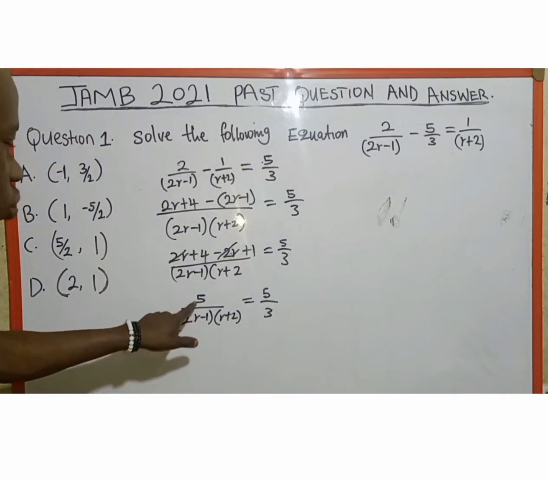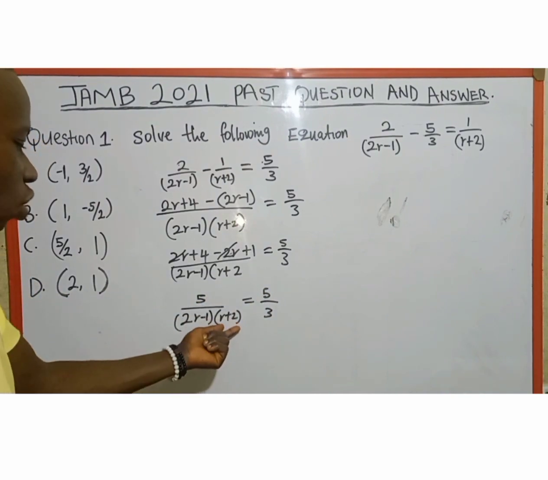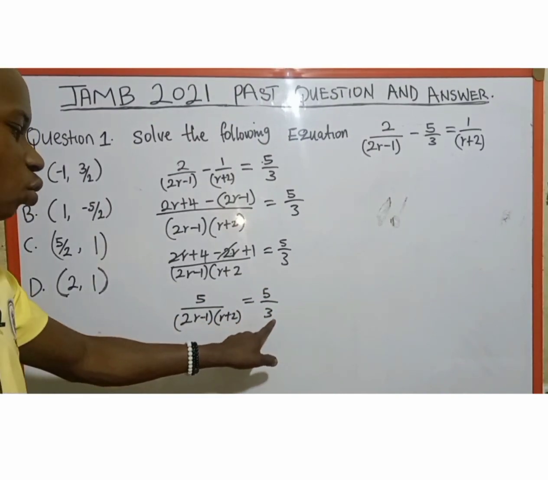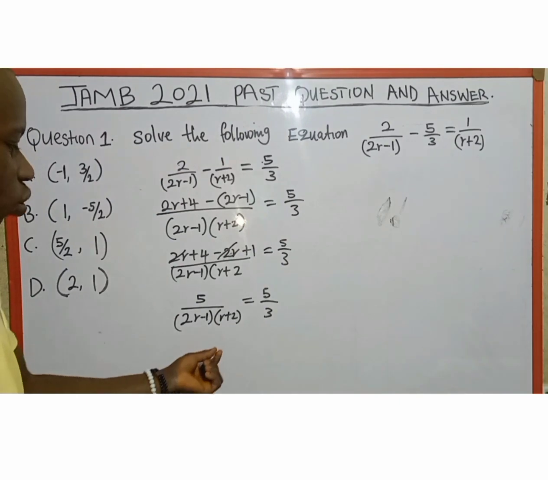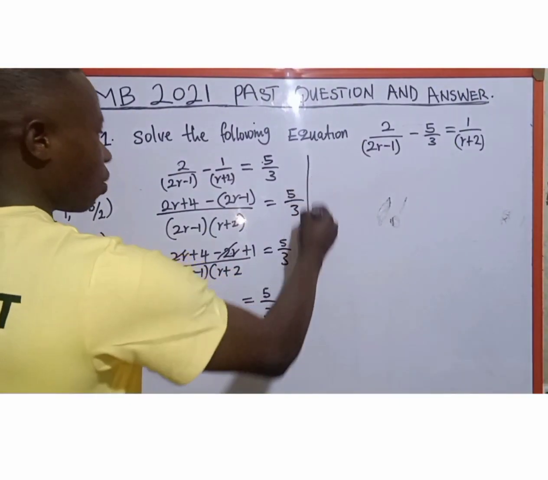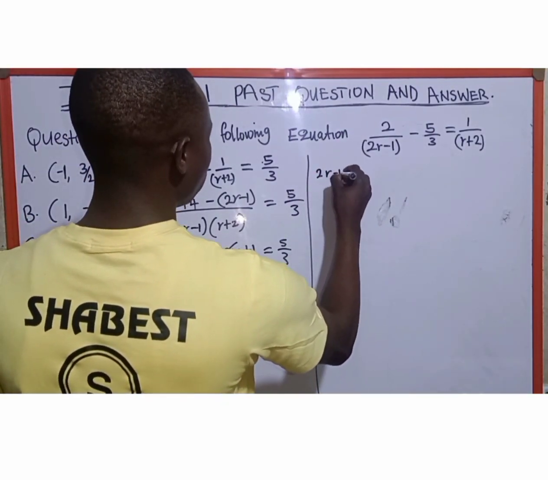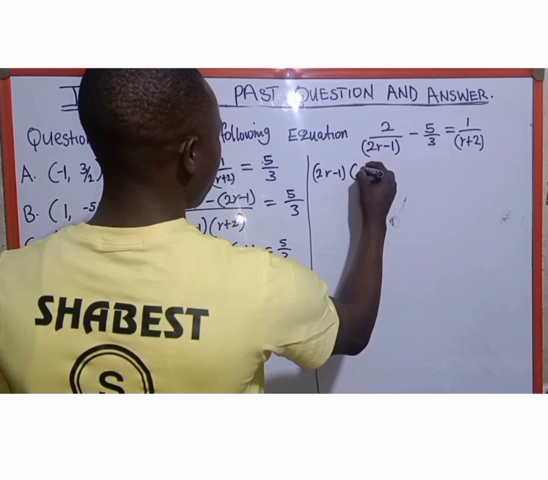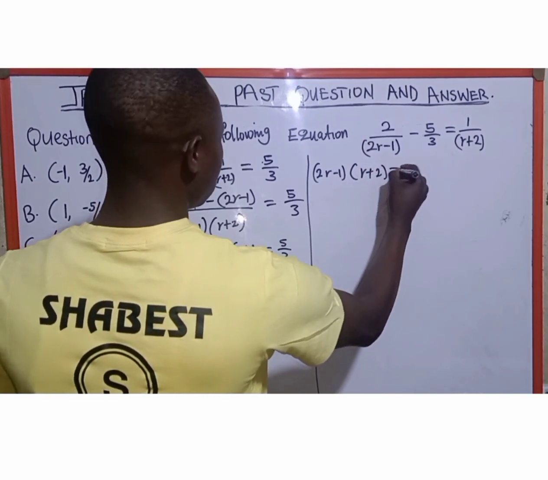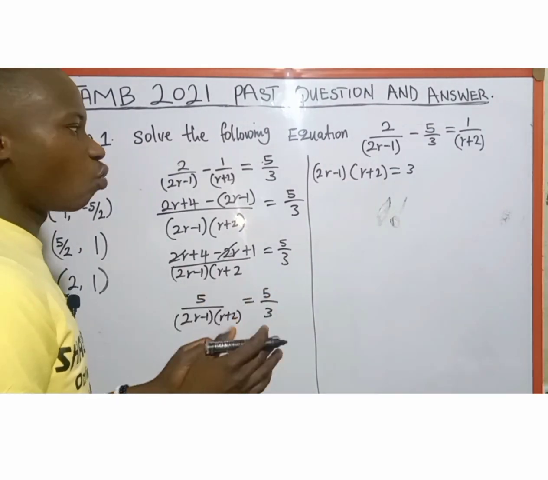If you look at the numerator, 5 here is equal to this 5, which means that the whole of this must be equal to 3. So we are going to equate this to 3, then we find the value of our r. So we are going to have 2r minus 1 multiplied by r plus 2 equal to 3 from the denominator, since the numerators are equal.